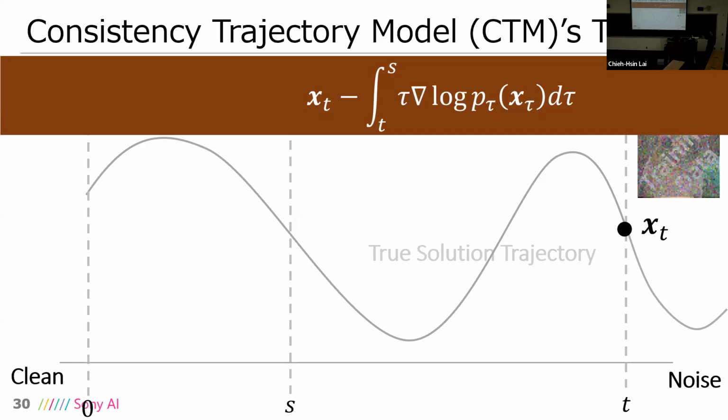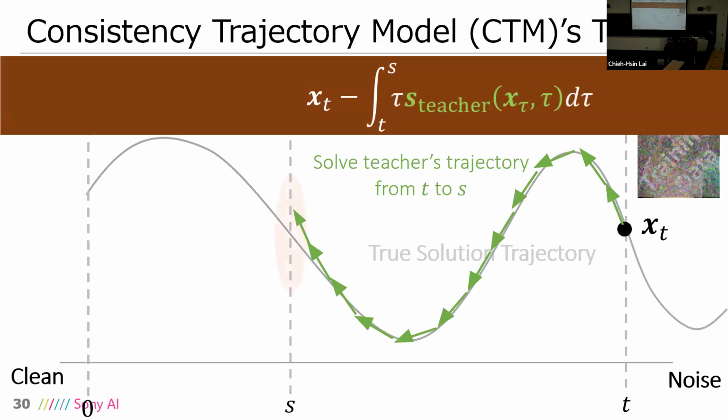If we have the ground truth, then we can do this jump, but if not, we use the teacher model to approximate it, where we call the solver. So our neural network takes the initial condition xt and the initial time t, and jumps to the end time s. This student network is trying to match the solver output.